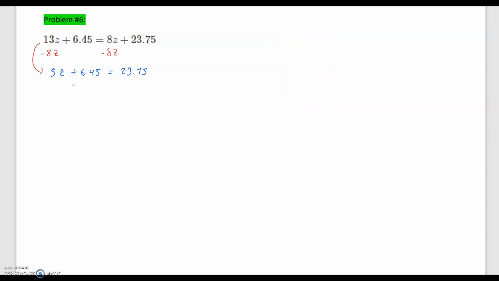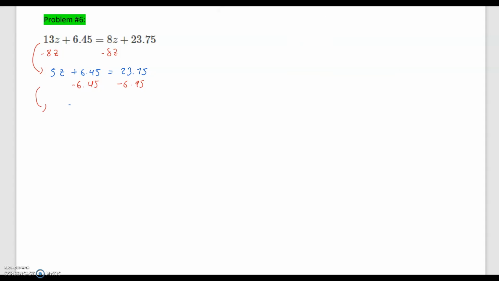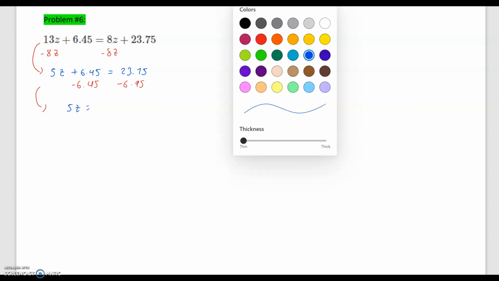So what I'm going to do is subtract 6.45. So minus 6.45. And this gives us 5z is equal to, and let me do the calculation on the side.